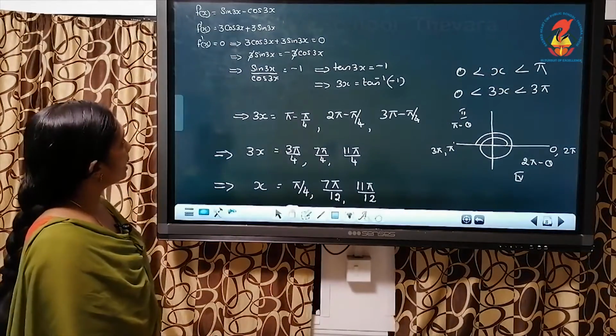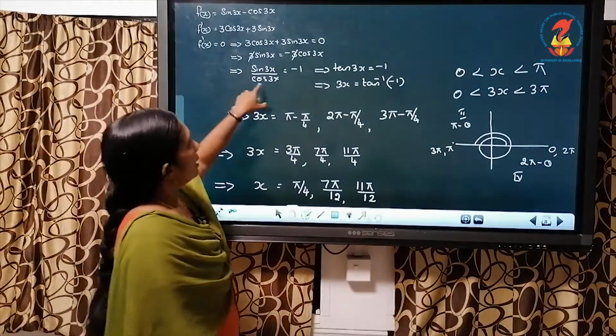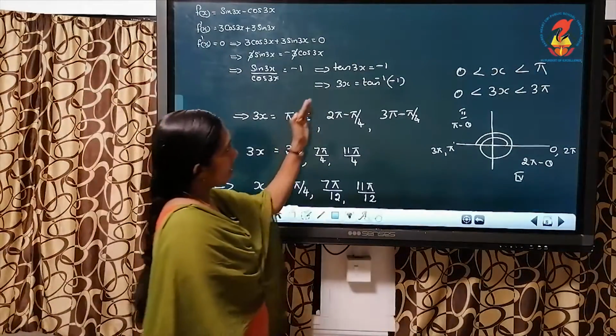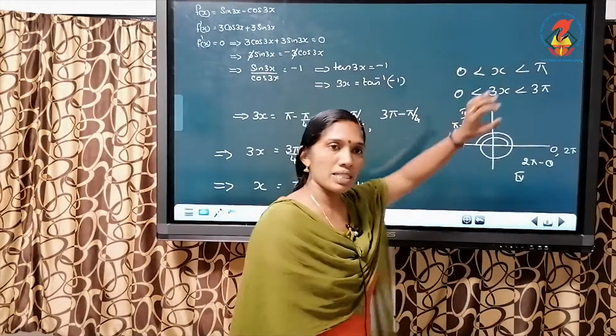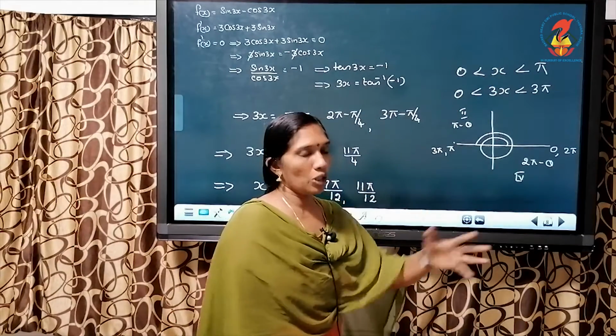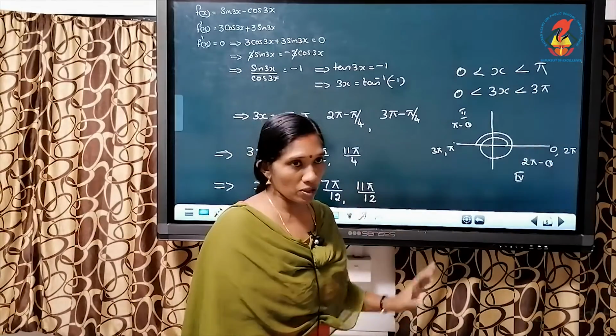So is this much clear? First we find the derivative, then put equal to 0. So we get tan 3x is minus 1. Then 3x is tan inverse minus 1. Always in this type of question, x will be given for a trigonometric function. For polynomial functions, we can take minus infinity to infinity. Here it is not possible like that.